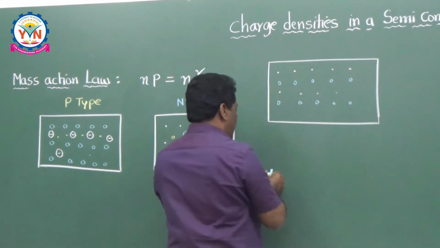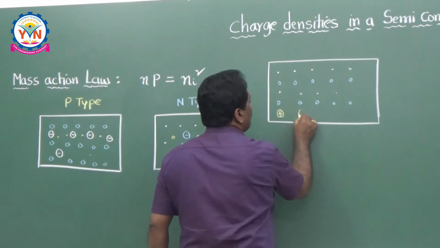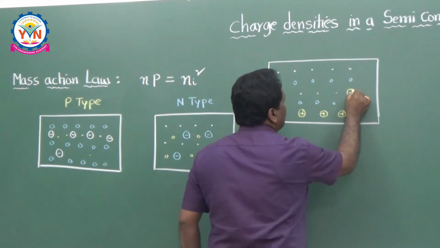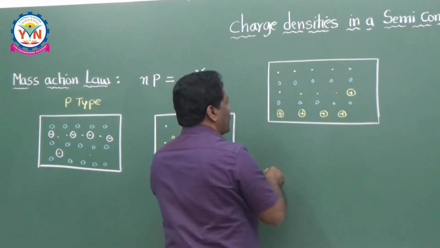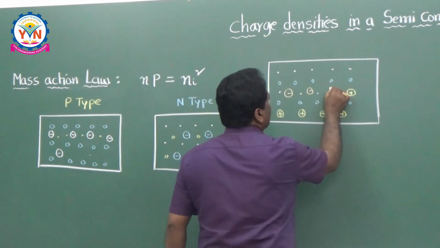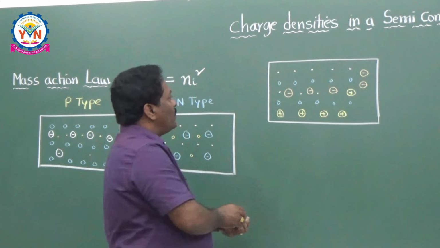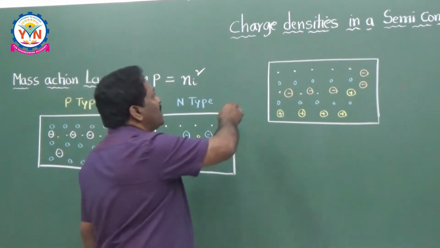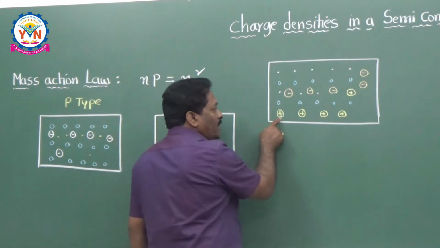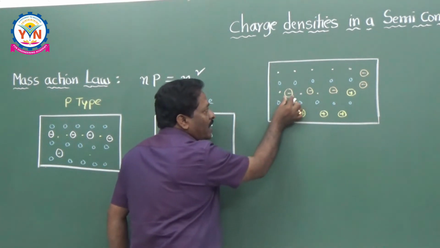What are the ions you are having? You are having both positive ions like this, and one more thing, negative ions also you are expecting. These ions are immobile. So let me tell you, if you are taking the charge densities in a semiconductor here, these are the plus ions, these are the negative ions, that means donor ions and acceptor ions.